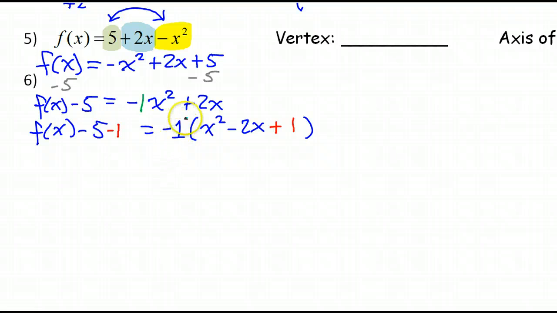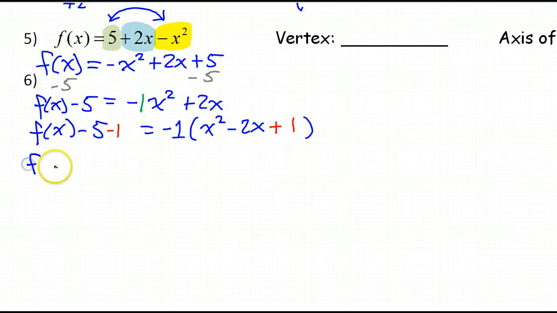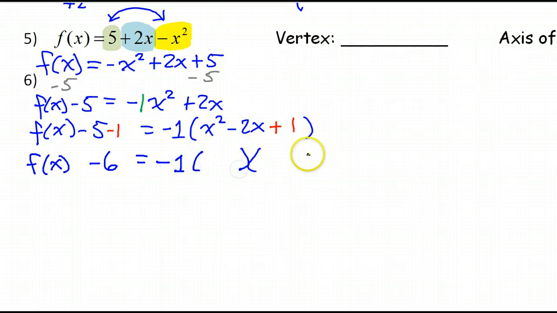In your mind, multiply by that leading coefficient first, and then copy that to the left side. That's the hardest part to understand, why I didn't just do a plus 1. If you can understand that, you're probably fine. So the rest of it: this will be negative 6 is equal to negative 1 times, and this will factor as the same thing twice, so x minus 1, x minus 1.